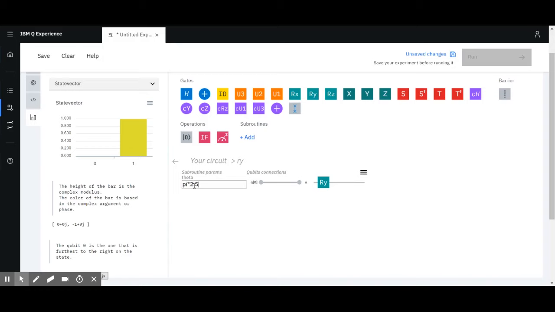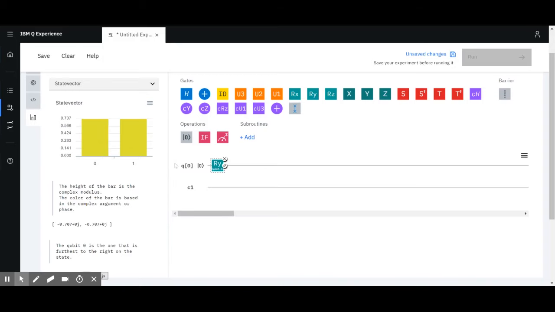So if I do 2.5 times pi, I'm again in the middle, where I have 50% probability of 0 and 1, but now I have the phase negative overall, and that's a really interesting thing to see.